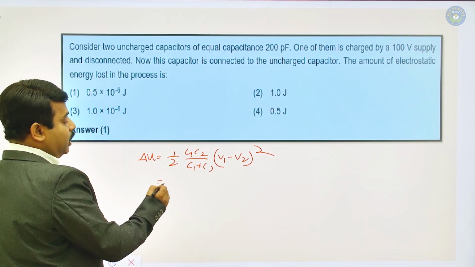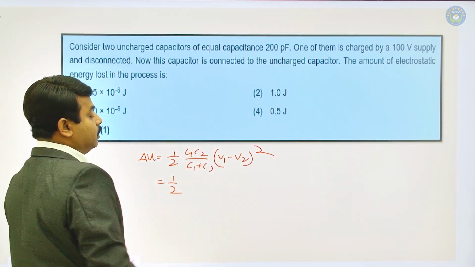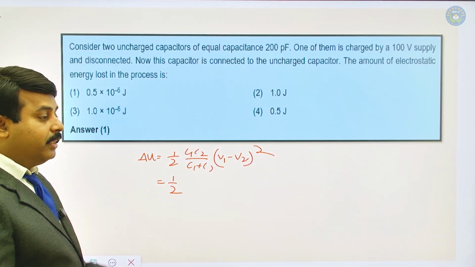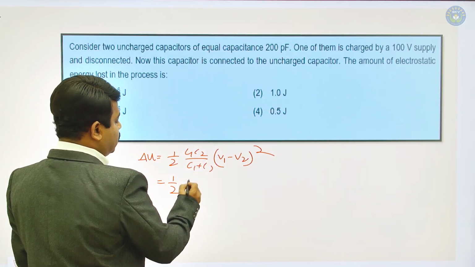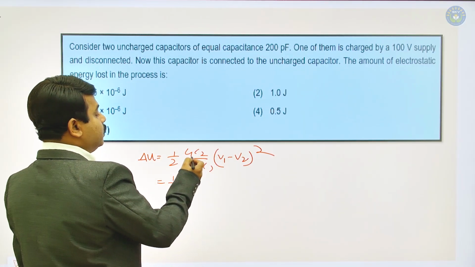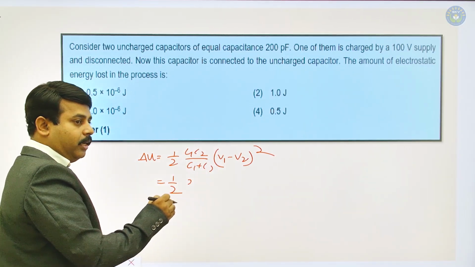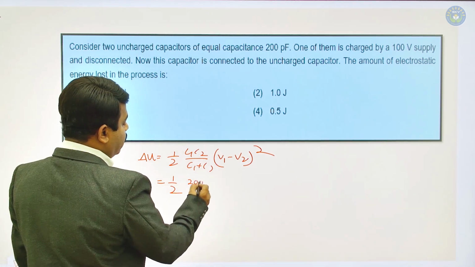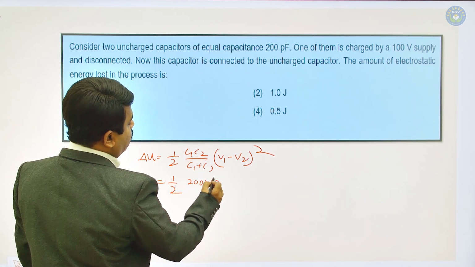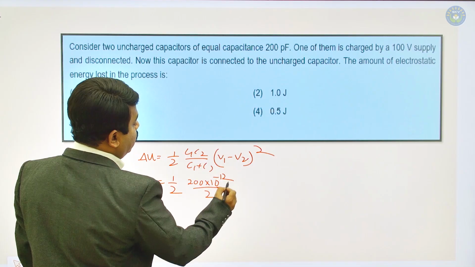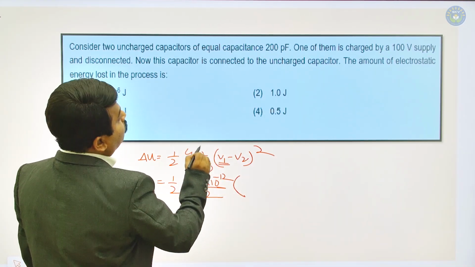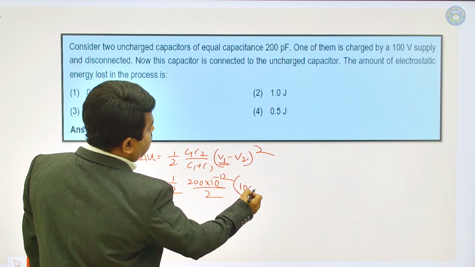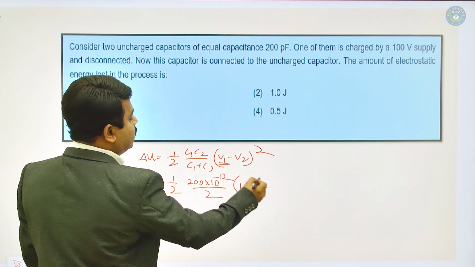But here the problem is one capacitor is charged to 100 volt, other capacitor is uncharged. So C1 C2 by C1 plus C2, that is C by 2 for identical capacitors, then 200 picofarad, right, into 10 raised to minus 12 divided by 2, and first capacitor charged to a voltage of 100 volt and second is uncharged.